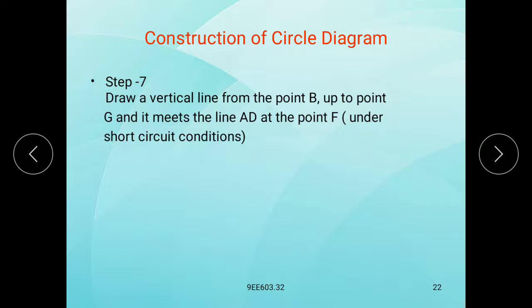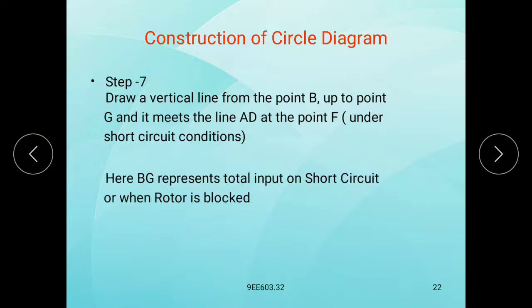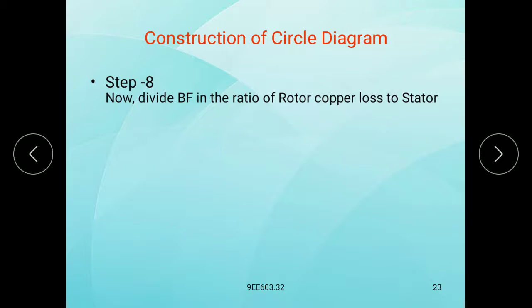Step 7. Draw a vertical line from the point B up to point G, and it meets the line AD at the point F under short circuit current. Here BG represents the total input on short circuit when the rotor is blocked. Step 8.